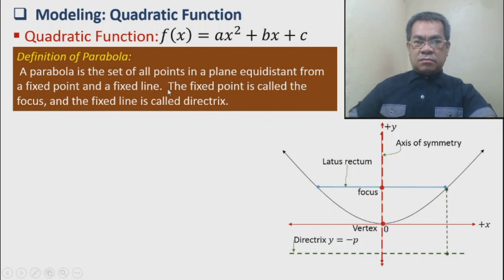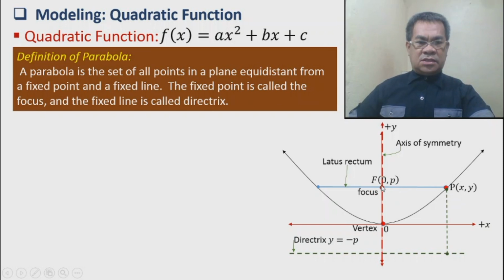Now, by definition, a parabola is a set of all points. For example, I have one point on the curve, and I call this P, whose coordinates are (x, y) at any point.